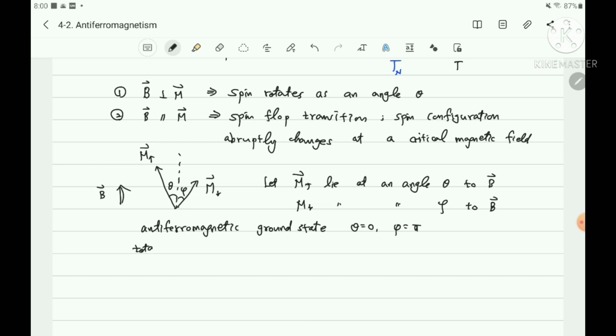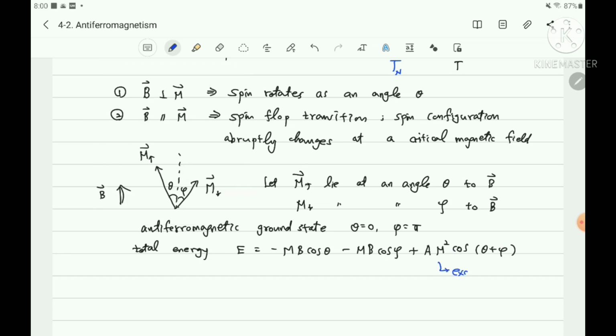Here is the total energy. We can write down minus mB cosine theta, because the magnetic spin energy with an applied magnetic field is E dot B, minus mB cosine phi, plus we should consider the exchange coupling, where A is the exchange coupling constant, A m squared cosine of theta plus phi. It is the exchange energy between the spin up and spin down.